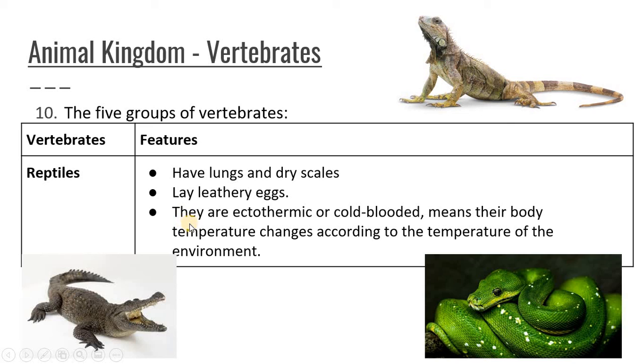Another feature of a reptile is they are ectothermic, or sometimes we call them cold-blooded animals. It means their body temperature changes according to the temperature of the environment. Imagine if the environment is cold, their body temperature would drop to match the temperature of the surrounding.